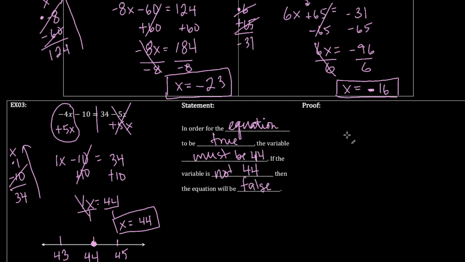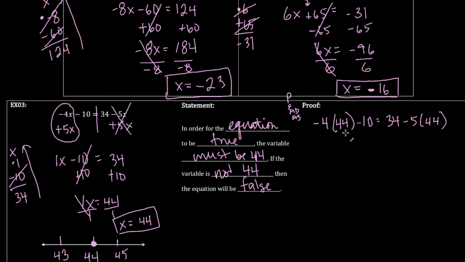So let's prove that. So instead of negative 4x, you write negative 4 times 44 minus 10 equals 34 minus 5 times 44. Remember, we care about the original equation before we did all that to find out what x was. So as usual, got to stick with PEMDAS.